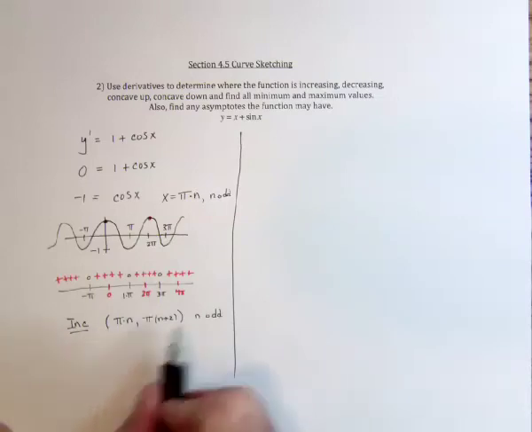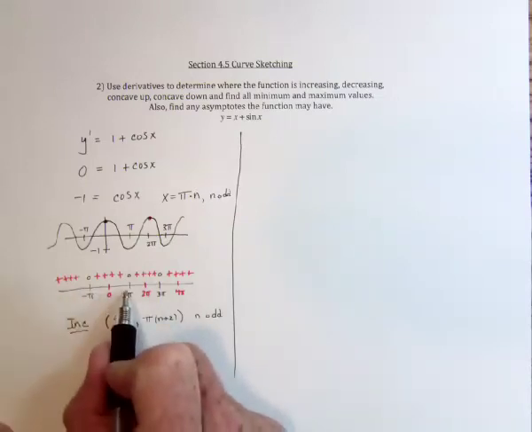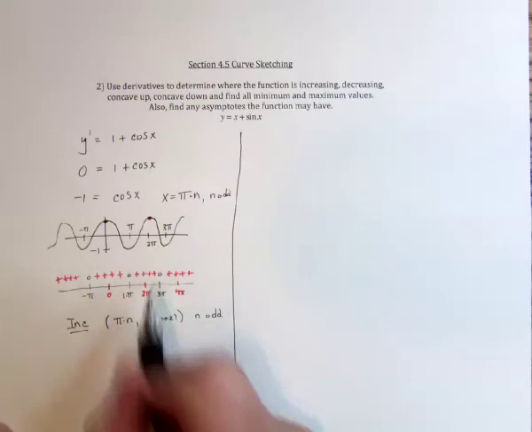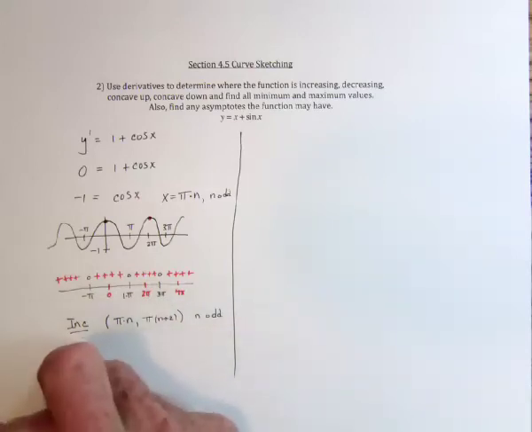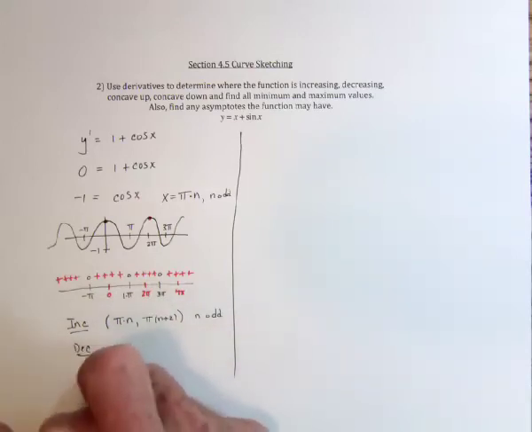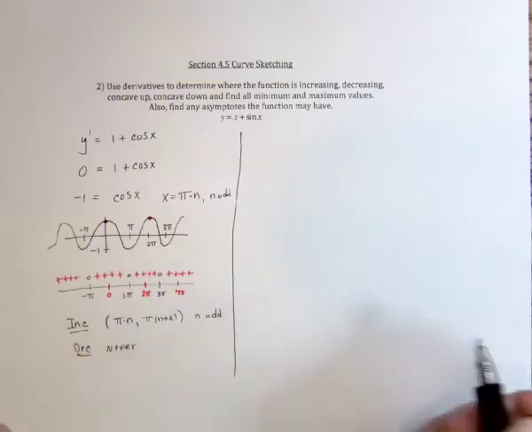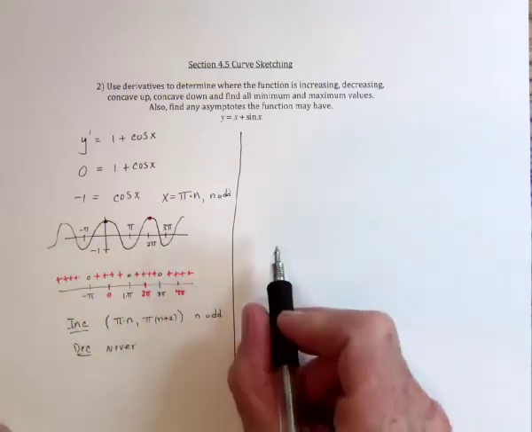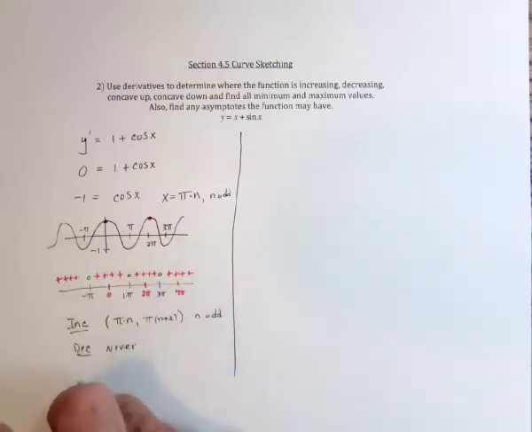But I put round parentheses so it's not actually including these pi's, because that's where the derivative equals 0. It's not increasing. And then decreasing, never. And since it's always going up, it doesn't have a maximum or a minimum.